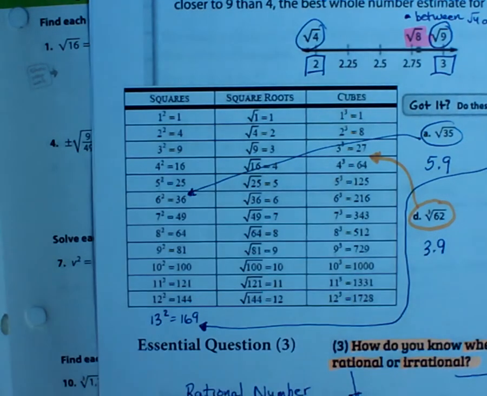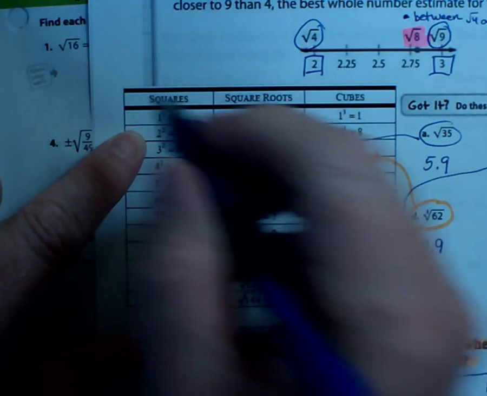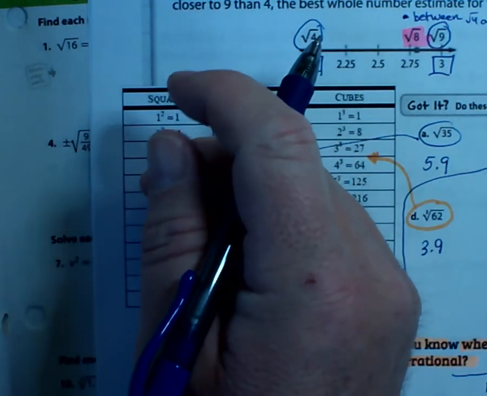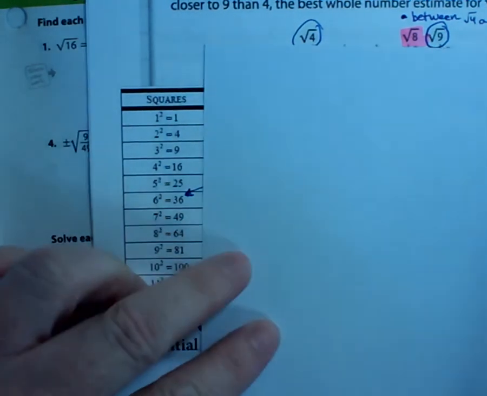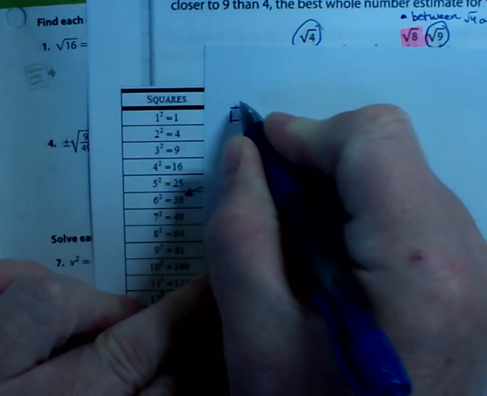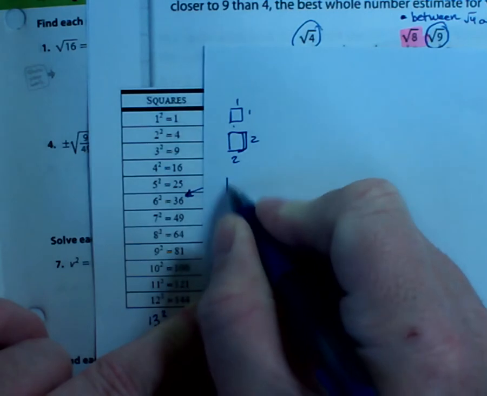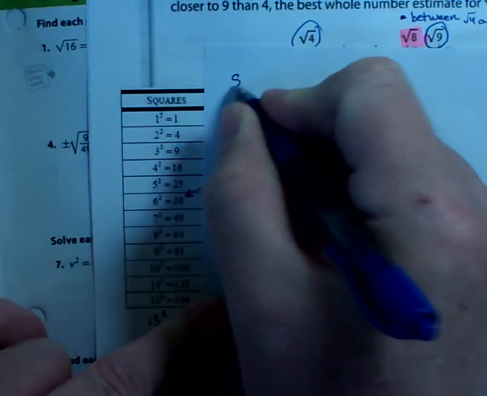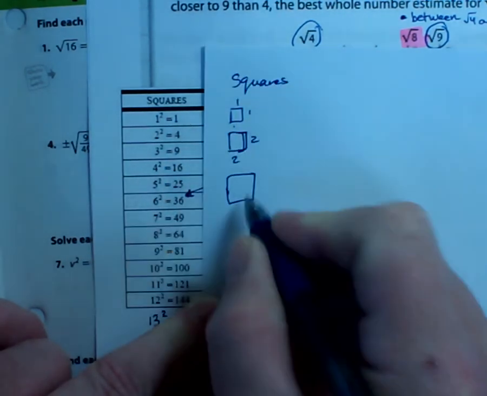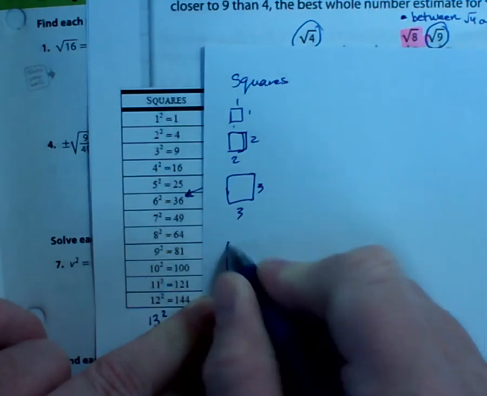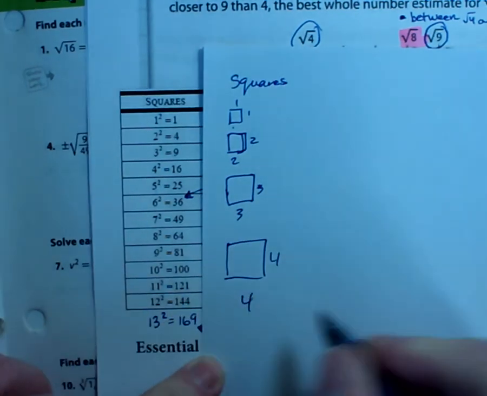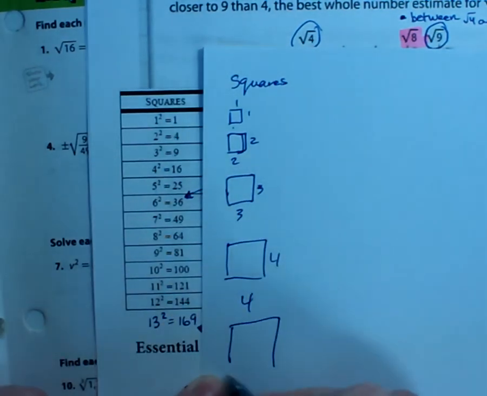So geometrically, this would be a little tiny square. That would be like a 1 by 1, and then we get a little bigger, 2 by 2. Then a little larger square. These are all squares: 3 times 3, 4 times 4. And they keep getting progressively larger.